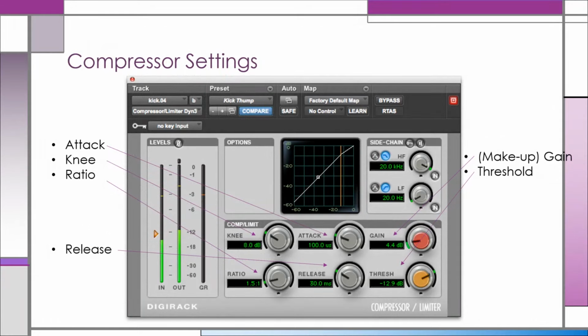If you use Pro Tools as your DAW, this is going to be the default compressor that Pro Tools has. I just thought I'd throw it in here because Pro Tools is the DAW that everyone is at least familiar with, even if it's not their favorite DAW. And I also like their compressor because it doesn't have any additional weird knobs to it. It doesn't have funny names for stuff.